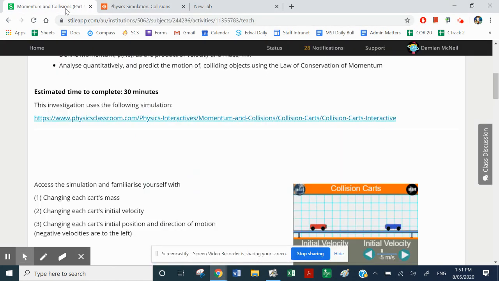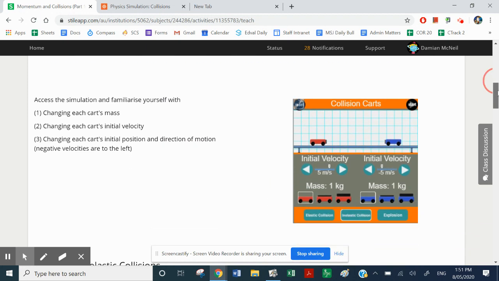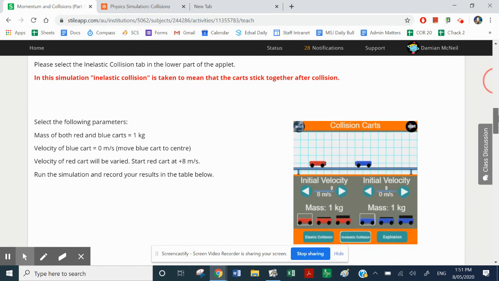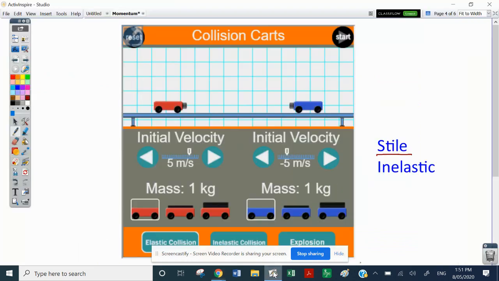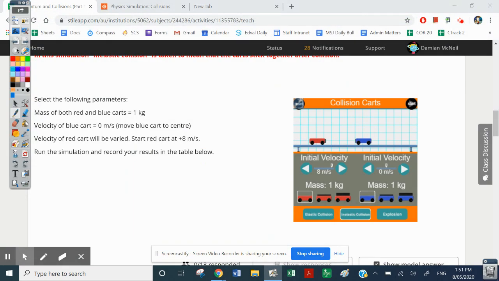And you are initially going to use the following parameters. You have to select the following. You want both the red and the blue carts to be initially 1 kilogram.